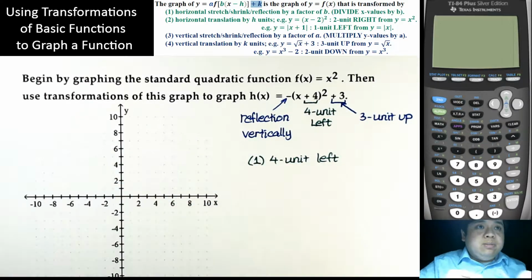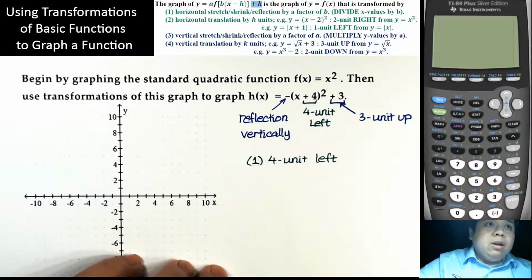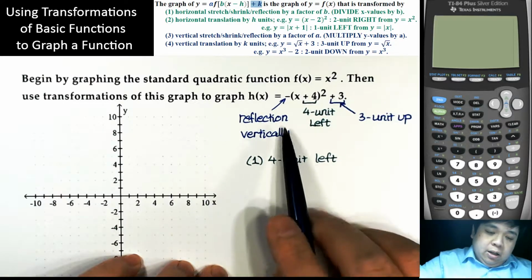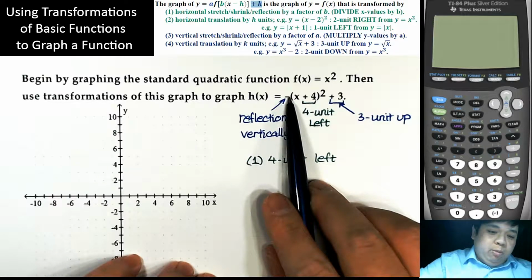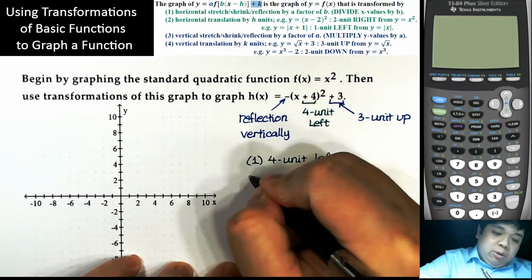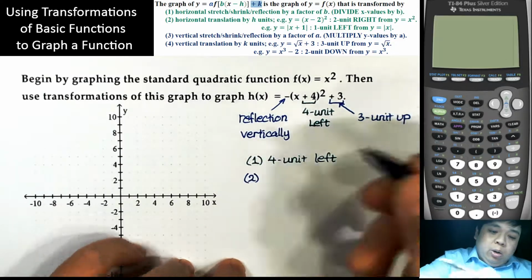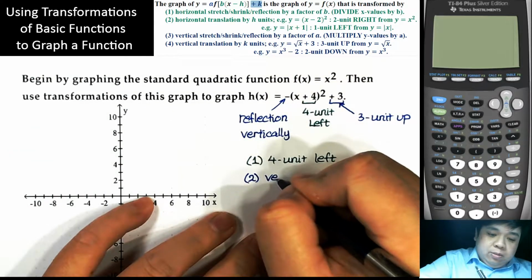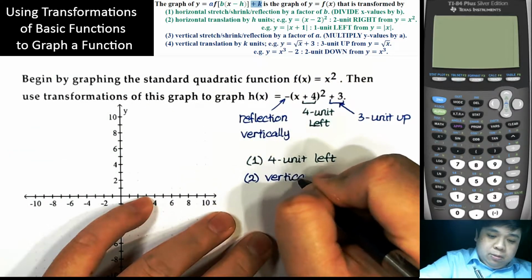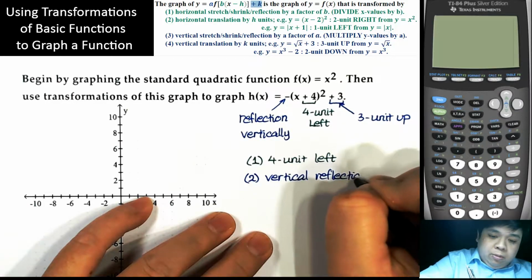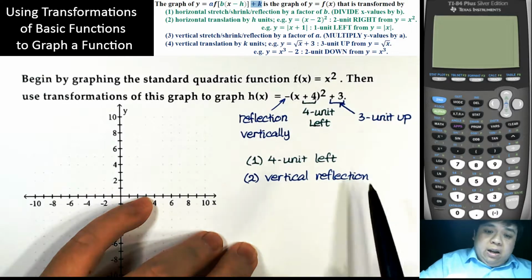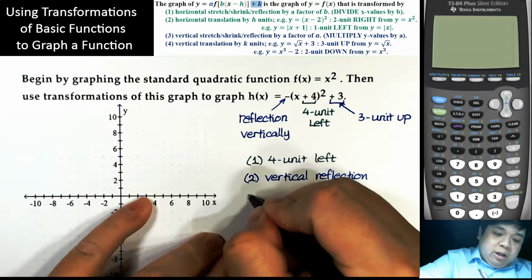And then after that, multiply, divide. This is multiplied by a negative 1, so it will be a vertical reflection, and then finally 3 units up.